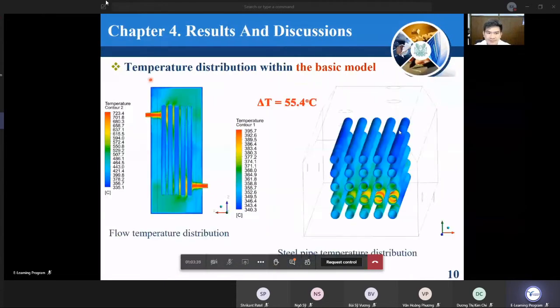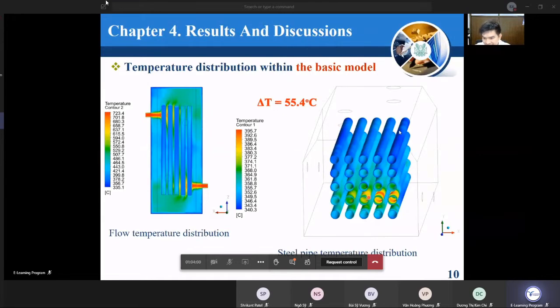And then we move to the temperature distribution inside the basic model. Here we can look at the hot air temperature impinging on the steel pipe arranged inside the furnace like this. This is the cut plane inside, and this is the 3D view.